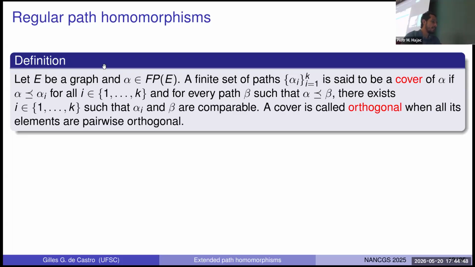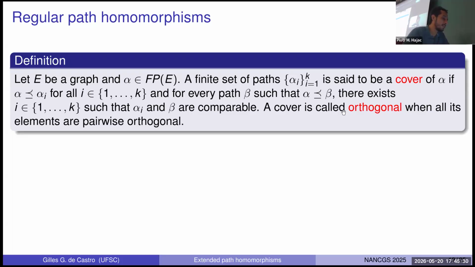The idea of a cover is that we have this finite path alpha, and a finite cover is a finite set of paths, all of which have alpha as an initial subpath. And the second thing is that whenever we have another path beta which also has alpha as an initial subpath, we need that beta be comparable with some alpha i. So this is the notion of cover that comes from the theory of inverse semigroups that we have adapted for graphs.